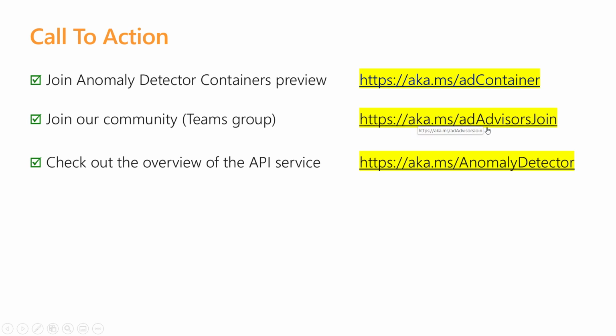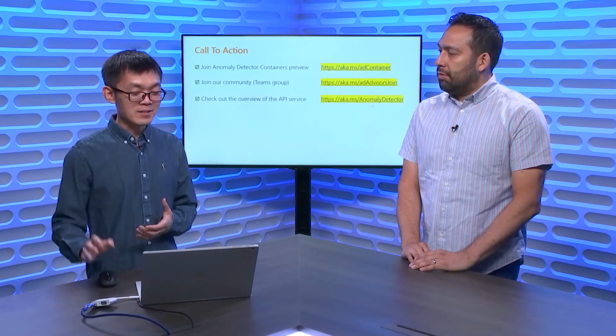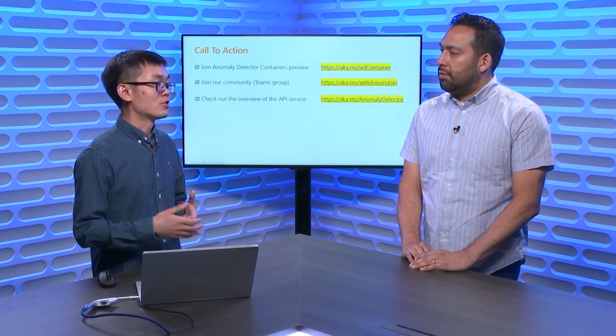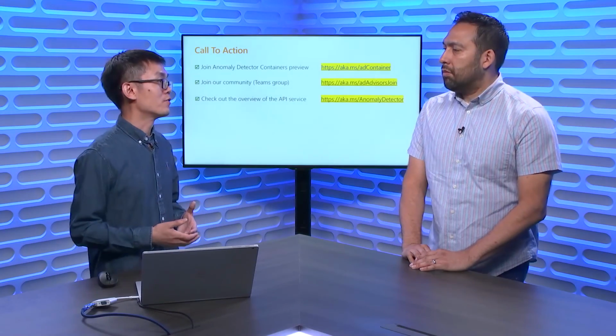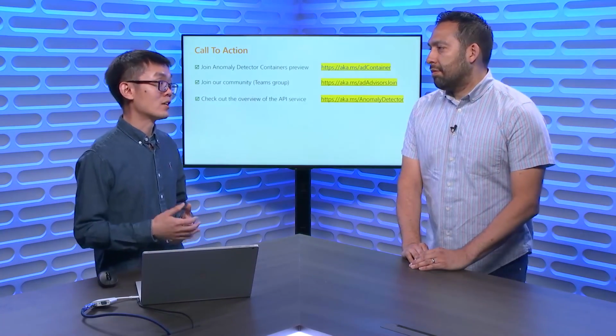You can always click and apply to join it. And finally, if you haven't watched the last episode, you can watch that, or you can go to aka.ms/anomaly detector, or search it on Bing to get an overview and the technical documentation about Anomaly Detector.